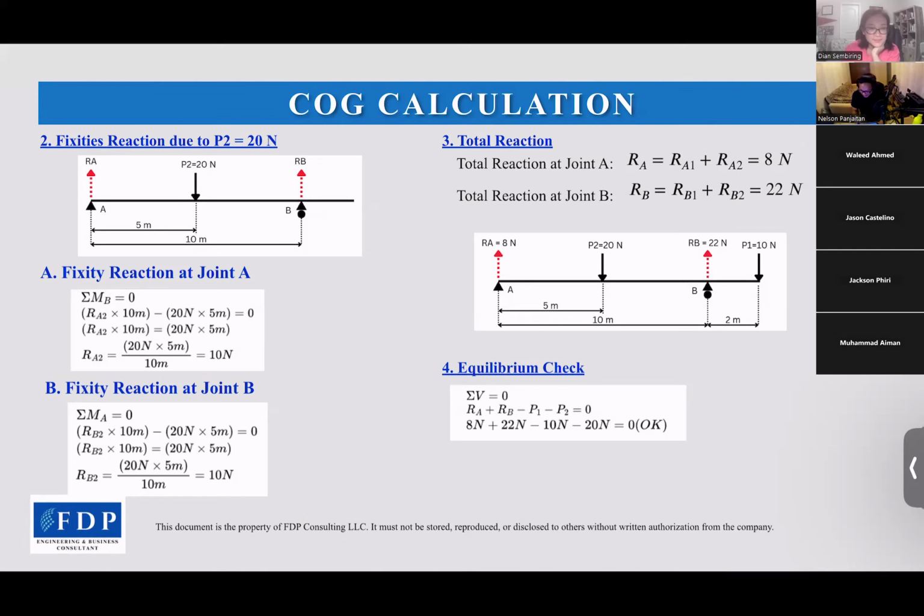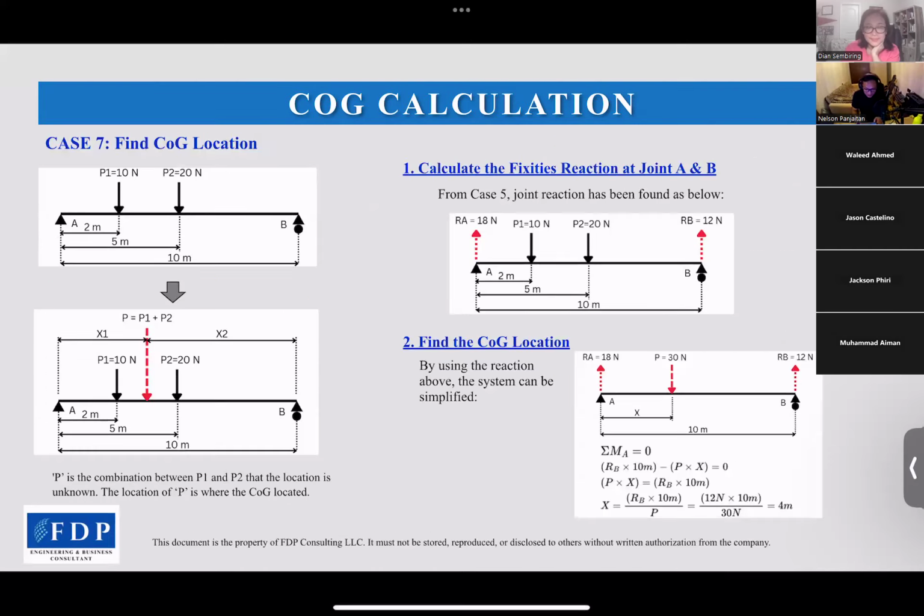All right, we continue with the COG calculation and find what is the relation with the joint reaction before. So to find the COG calculation, this is only the basics. After this, we don't need to find the reaction to get the COG.